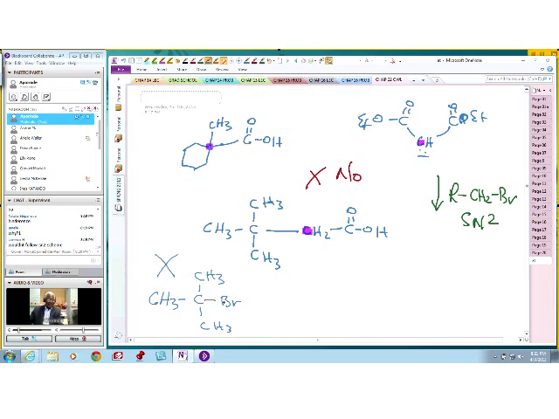You cannot do this. This is a tertiary substrate. The leaving group is attached to a tertiary carbon. You cannot have an SN2 reaction on a tertiary carbon. So keep that in mind.